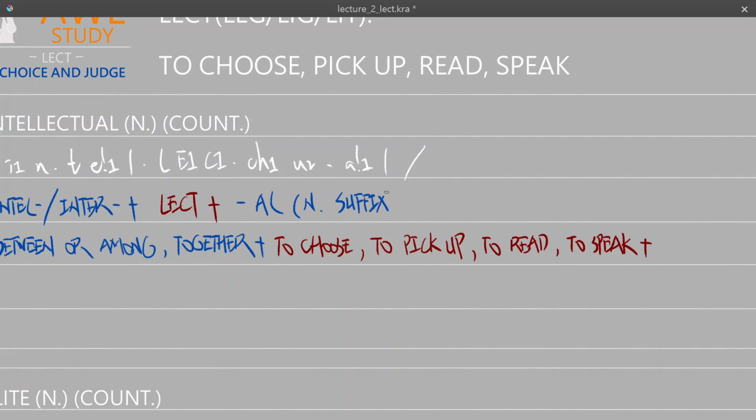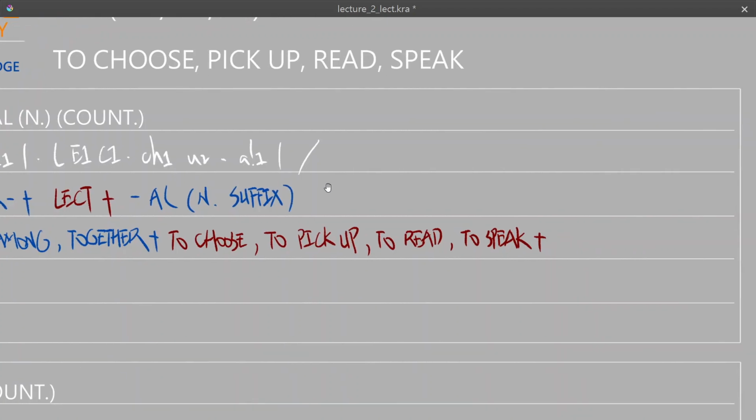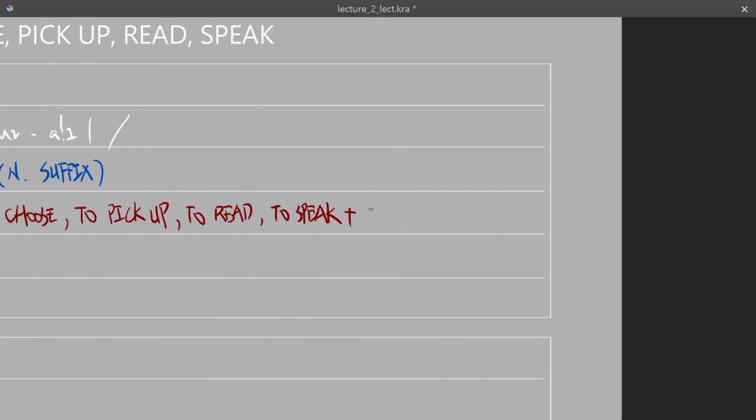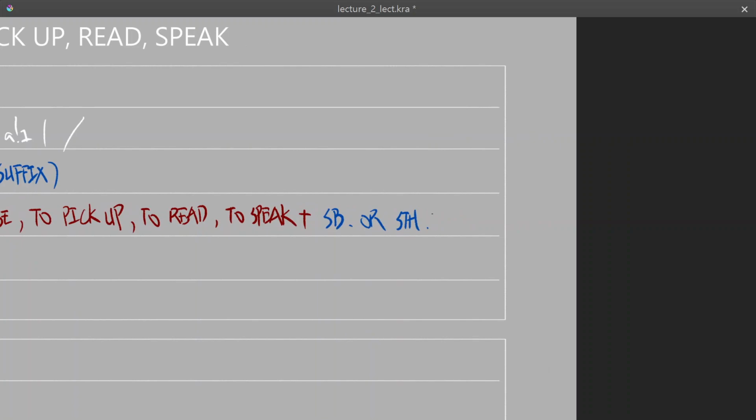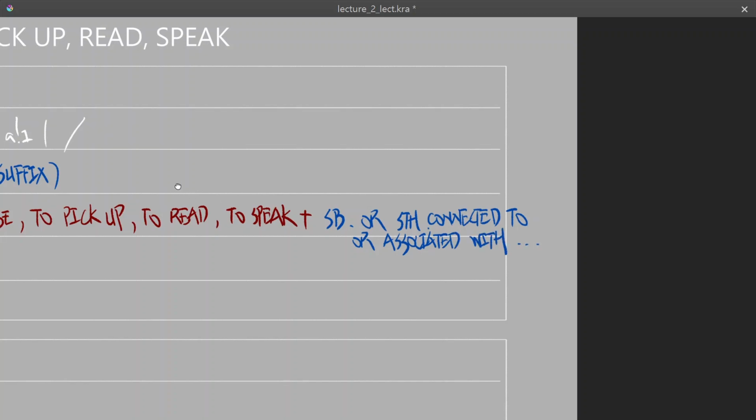The noun suffix L means somebody or something connected to or associated with something.